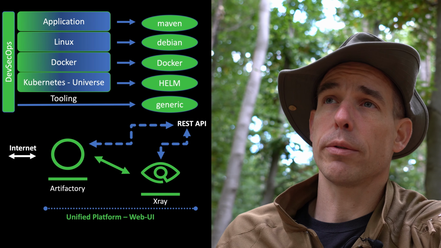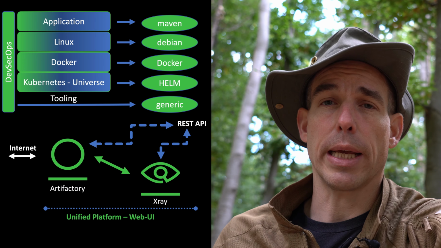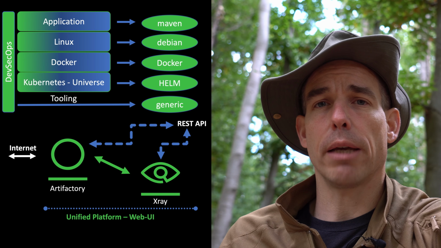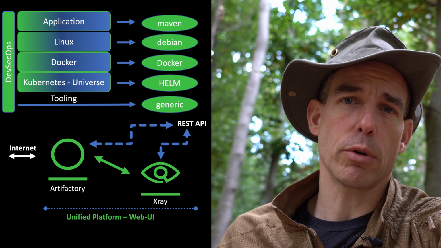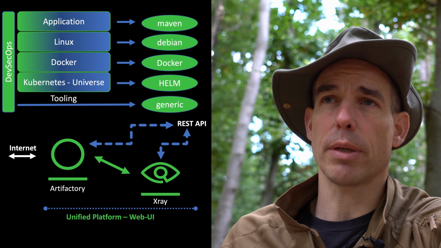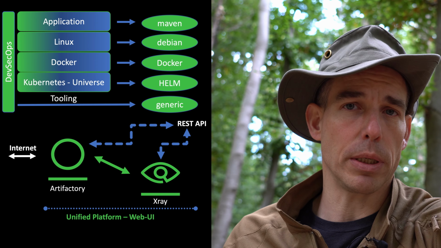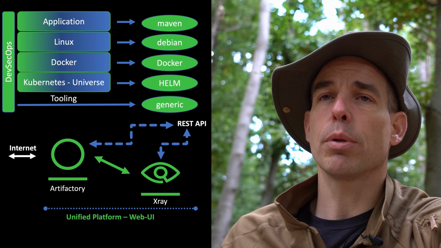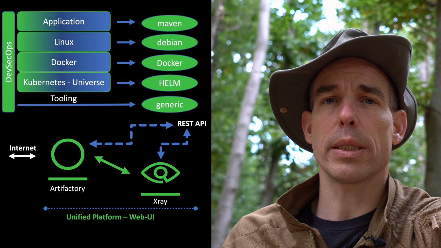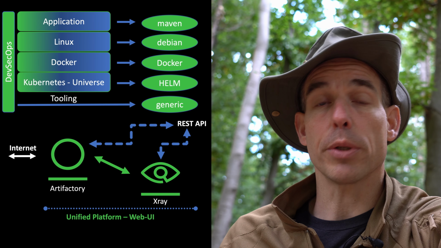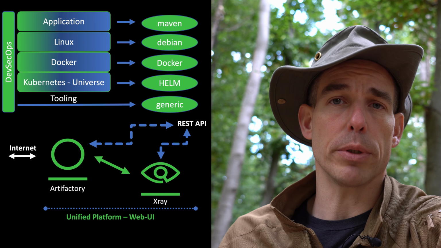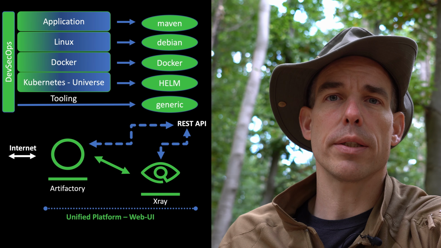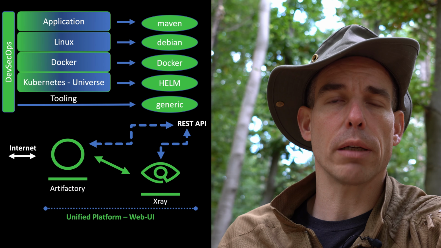Back to the technical layers, where the tooling can help you most or easily: if you have, for example, for every layer some corresponding repositories, meaning for the application maybe Maven, for the Linux layer the Debian repositories, and so on, then having one single repository manager that is able to deal with all the different technologies would be a perfect place for scanning for known vulnerabilities and compliance issues.